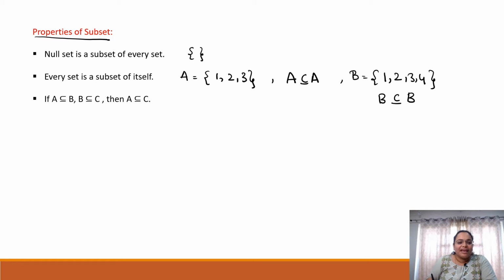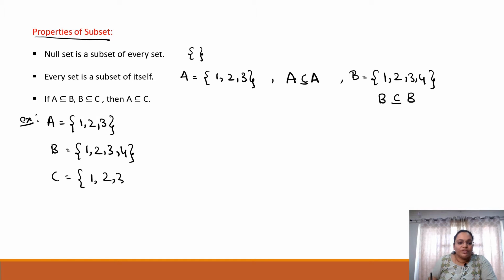If A is a subset of B, B is a subset of C, then A is a subset of C. Example, A is equals to 1, 2, 3. B is equals to 1, 2, 3, 4. C is equals to 1, 2, 3, 4, 5.